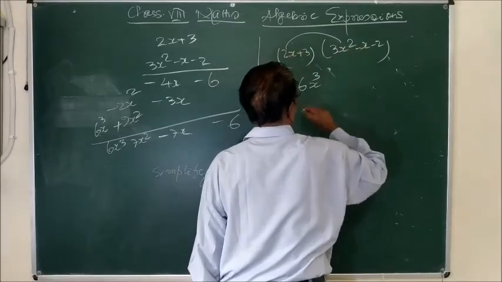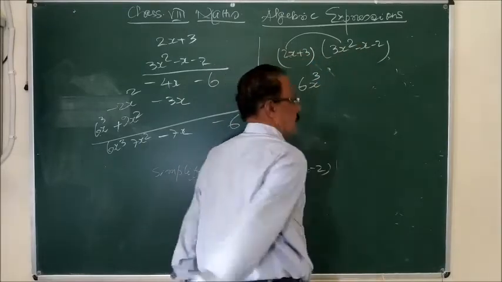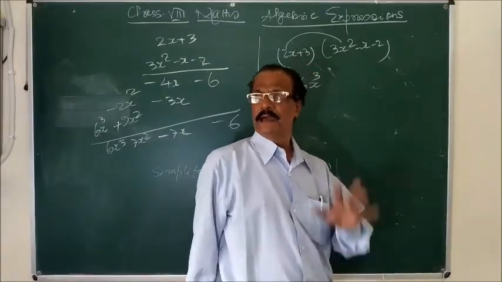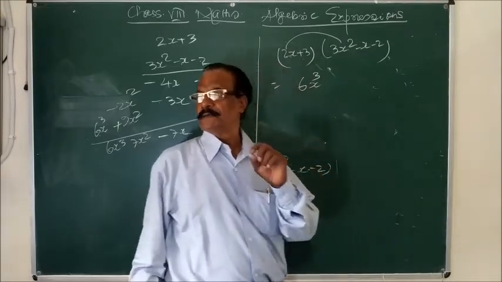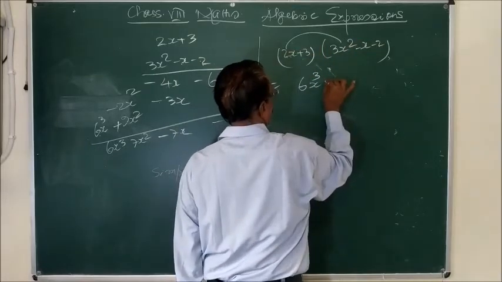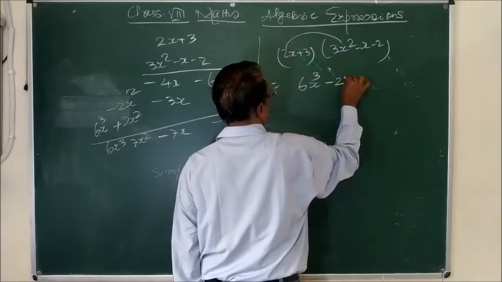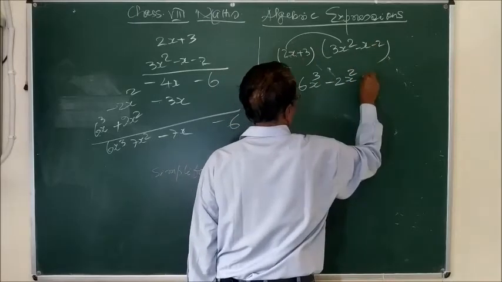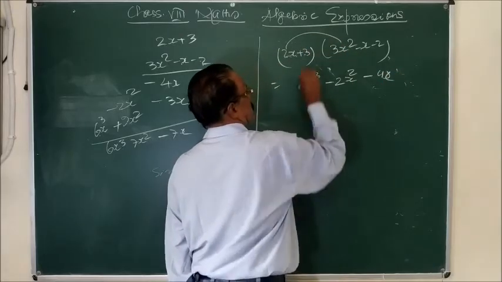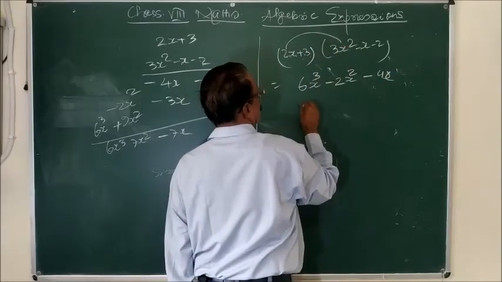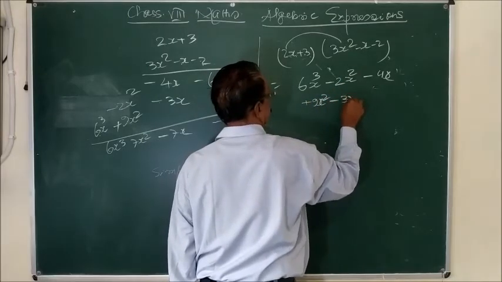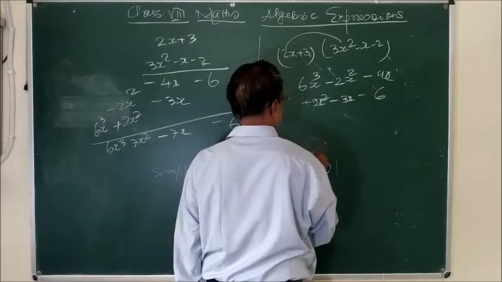Now this into minus x, 2 into minus 1, minus 2, x into x squared, here the coefficient is 1, no coefficient is given, it is understood as 1. If no numerical coefficient is given, then we should understand that the coefficient there is 1. So 2 into minus 1, minus 2x into x squared. This into this minus 4. Now you multiply by 3. 3 into 3x squared, 9x squared. And 3 into minus x, minus 3x. And this will be minus 6.